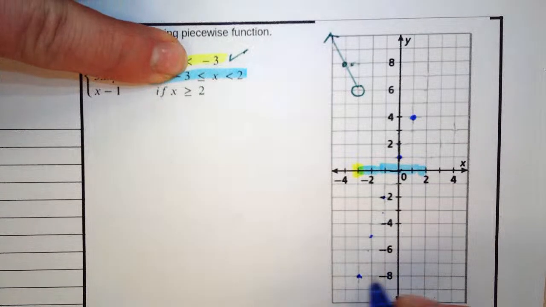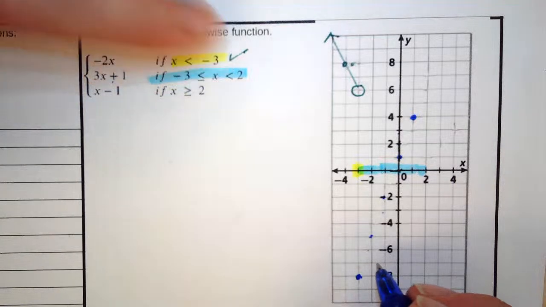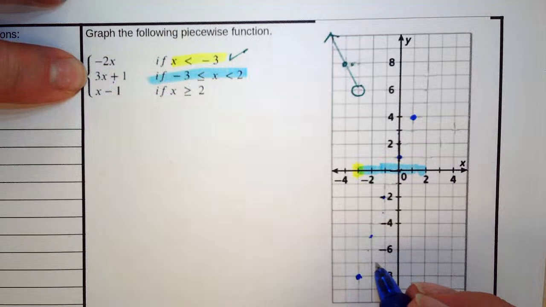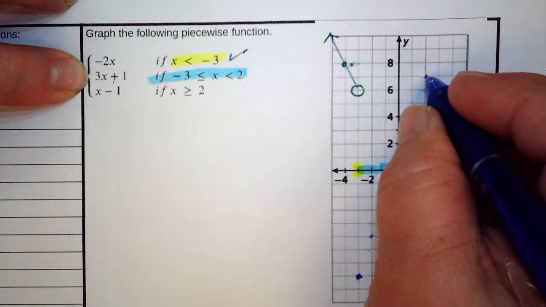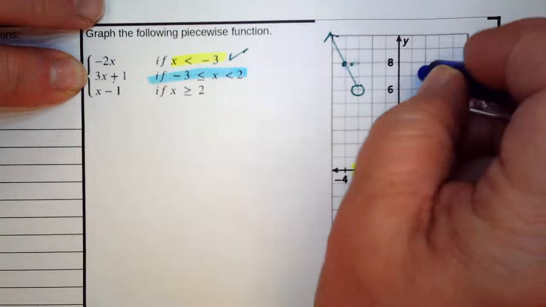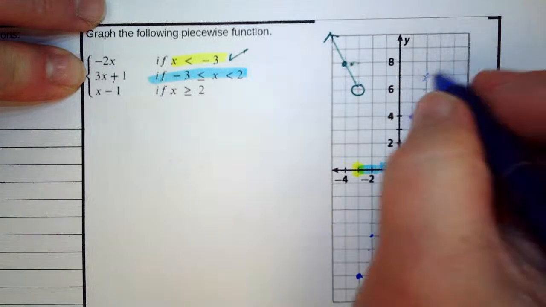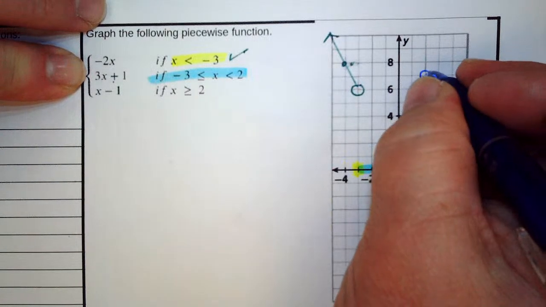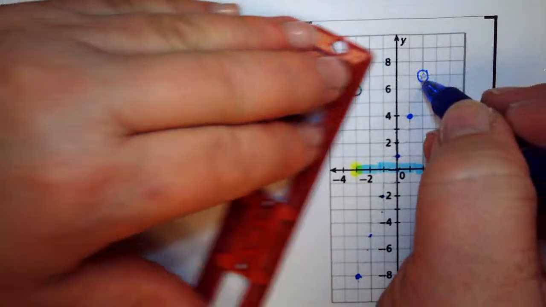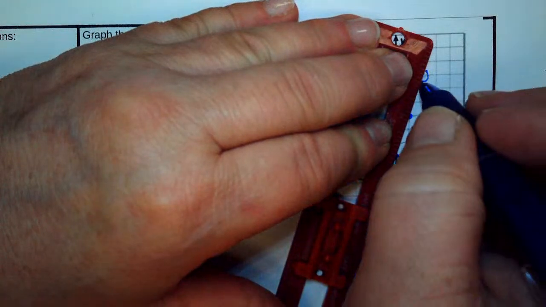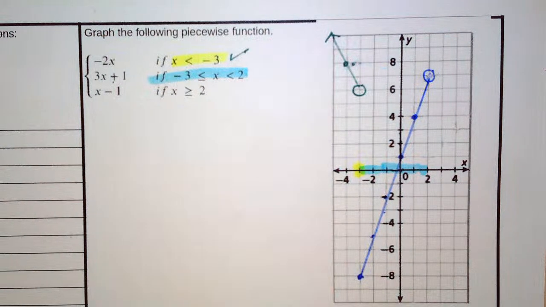This time it is equal to, so this will be a solid dot, and I go up to 2. 3 times 2 is 6, plus 1 is 7. This time this will be an open circle because it is not equal to. Draw your line. It's actually a line segment.